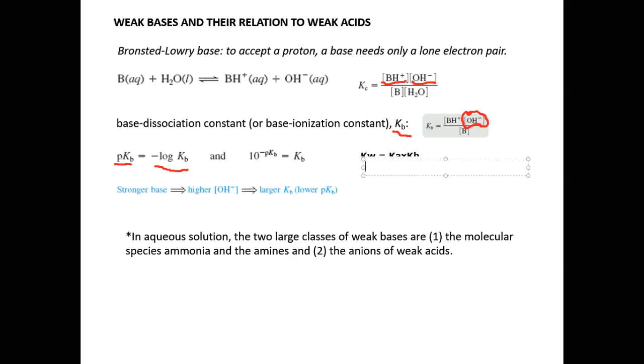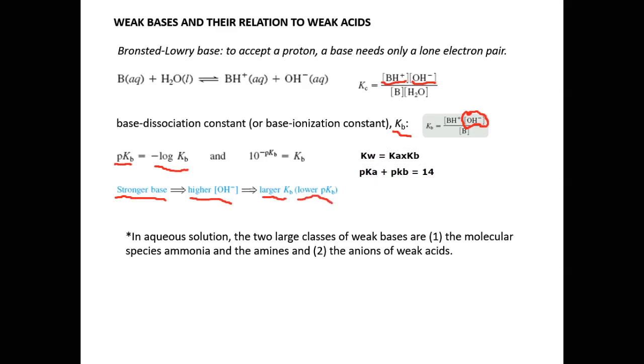Also, pKa plus pKb equals 14. So if you know the pKa, you can find the pKb. And the stronger base has a higher hydroxide concentration, which means a larger Kb or lower pKb.